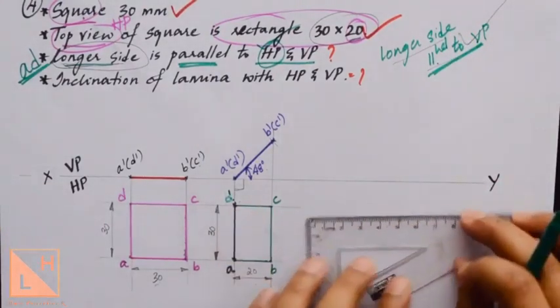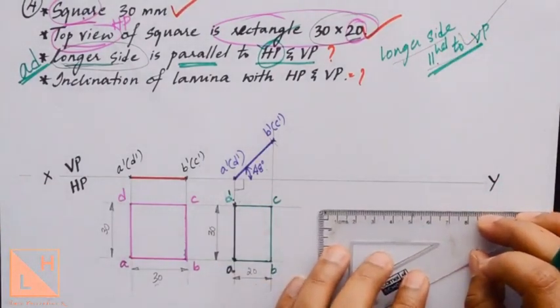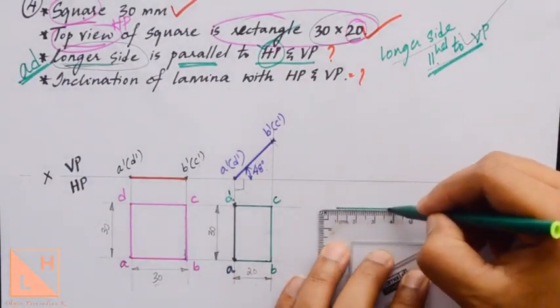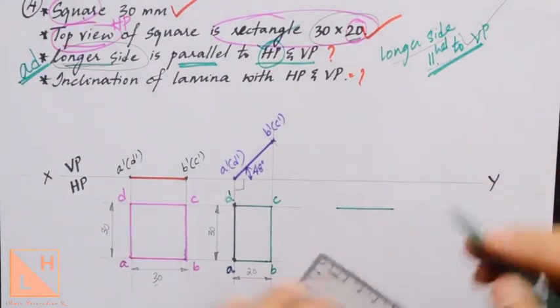We know the length of AD, that is 30 millimeters, which is parallel to the XY line.